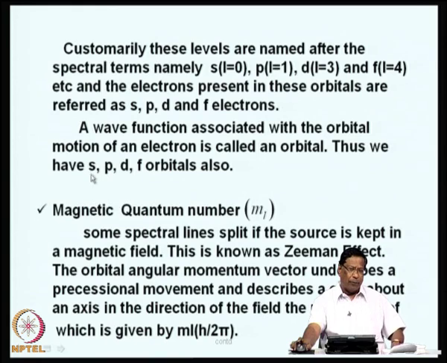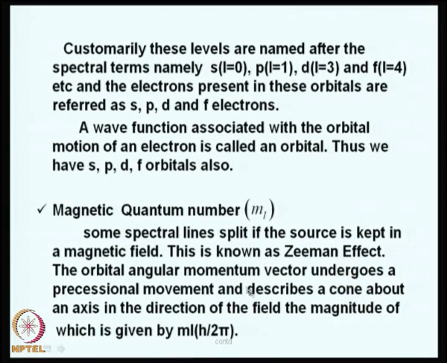Then we have a magnetic quantum number ml, and the origin is when the atoms are split in magnetic fields, you will get double lines, split lines. This is known as Zeeman effect. And the orbital angular momentum vector undergoes a precessional movement and describes a cone about an axis in the direction of the field of the magnetic magnitude, which is given by ml into h upon 2 pi.